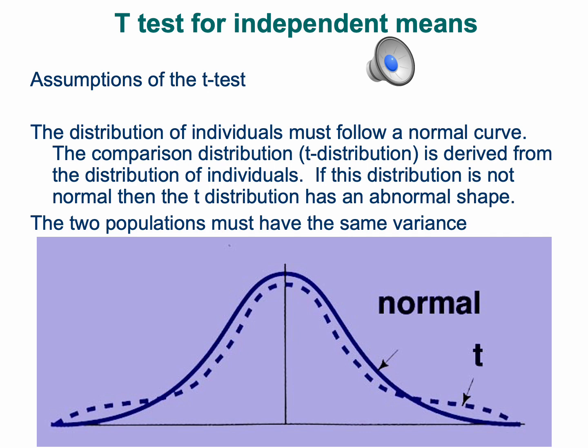What are the assumptions of the t-test? First, the distribution of individuals must follow a normal curve. So the population has to be normally distributed. If there's significant skew in the population, then you can't use a symmetrical distribution like a t-distribution to make your probability judgments. They're all going to be off by some degree, represented by the skewness in the population.